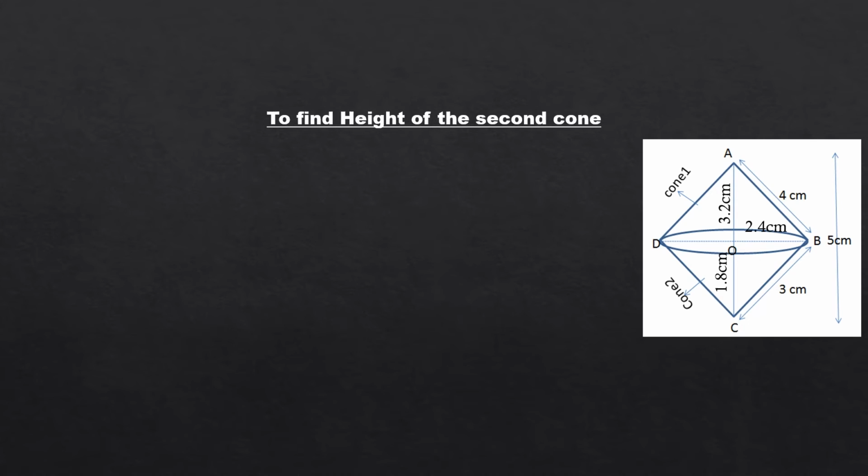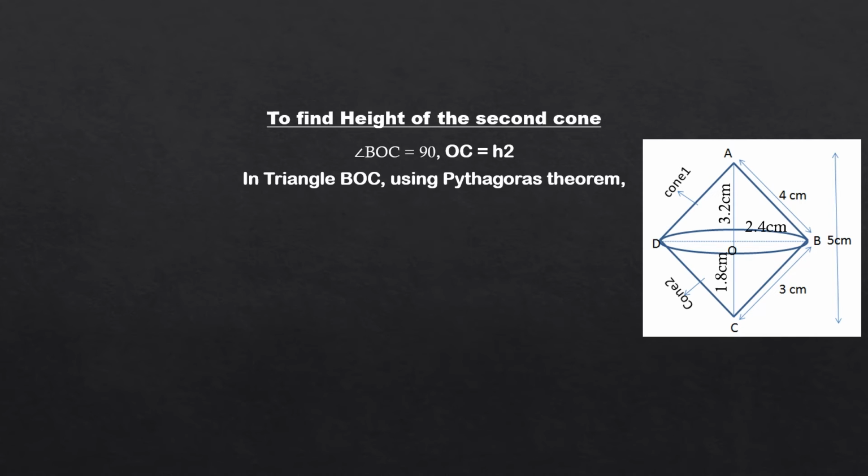Now to find the height of the second cone, in triangle BOC, we have angle O as 90 degrees and the side OC is going to give us our height 2. Using the Pythagoras theorem, we get BC square is equal to OC square plus OB square.